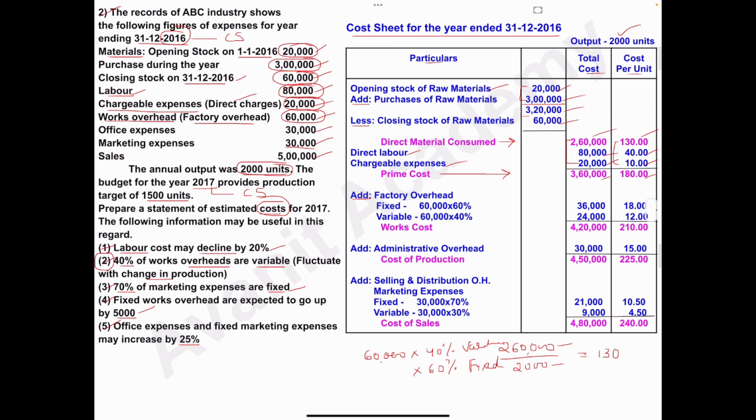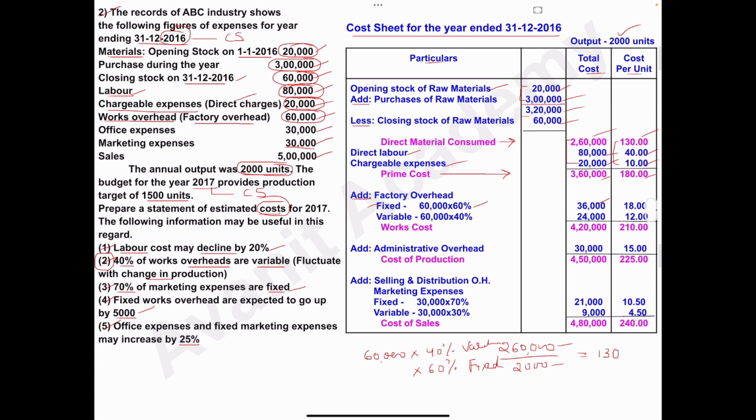So right here, add factory overhead. In that, first take fixed. Factory overhead amount is 60,000 into 60%. Or you can write variable first. 60,000 into 60%, you will get 36,000.